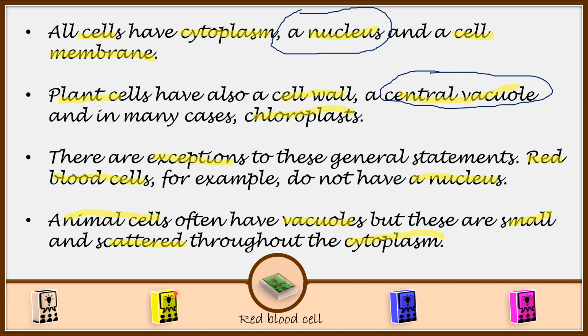But here we are saying that animals may also have some vacuoles. But these vacuoles are very small and they are scattered throughout the cytoplasm. Whereas when you look at the plants, the vacuole is centrally located inside the cell.